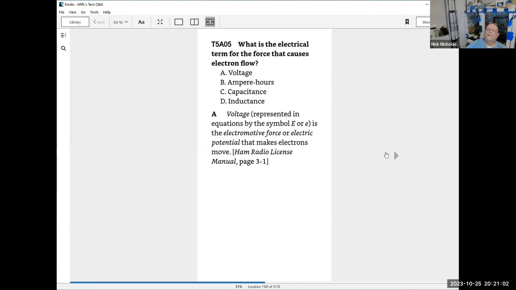So what is the term for the force that causes electrons to flow? Well, the force or the push, the unit of measure is voltage. And the answer there, of course, is voltage. It's represented in an equation as E, electromotive force or electric potential.